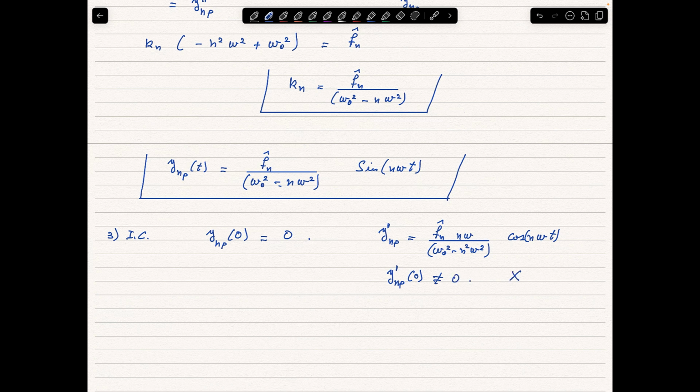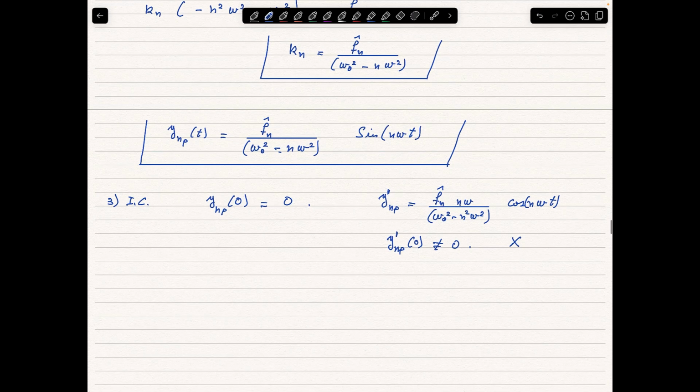How can we make it so that the solution satisfies the initial condition? Well, we need to add on each term a solution of the homogeneous equation. That's how we always do it. So this is the particular solution, yn particular. It is not the solution we are looking for because it does not satisfy the second initial condition.